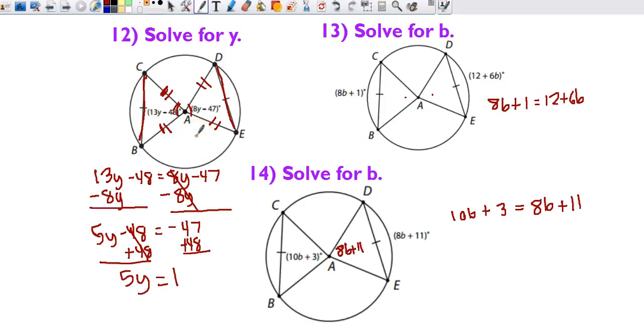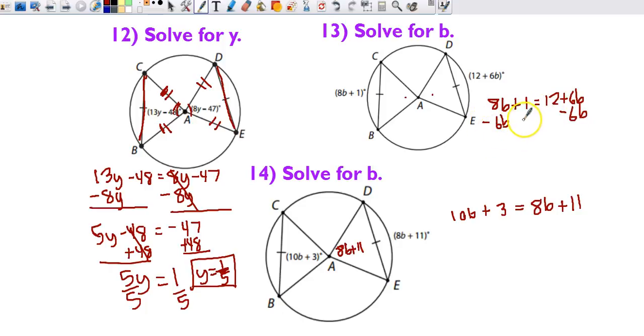So that's 1 divided by 5, which is 1/5, or 0.2. All right, these two real quickly, let me solve these out.